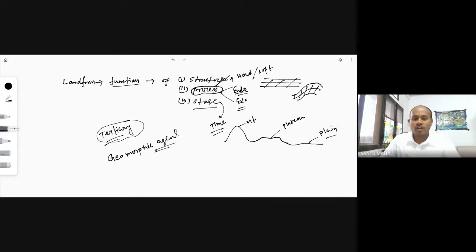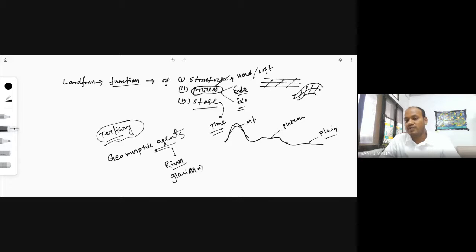And over this rock surface, of the Himalayan mountain, many geomorphic agents are operating. As for example, agents like rivers, which have originated from this Himalayan mountain, and the glacier, that means the moving ice sheet.